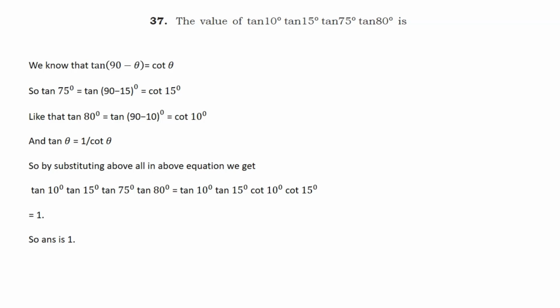That means tan 75 equals tan 90 minus 15, which is cot 15. Like that, tan 80 means cot 10 degrees. And tan theta means 1 by cot theta. So by substituting those values, tan 75 equals cot 15, tan 80 equals cot 10, and tan and cot are reciprocals. So by cancelling out everything, we get the answer as 1.